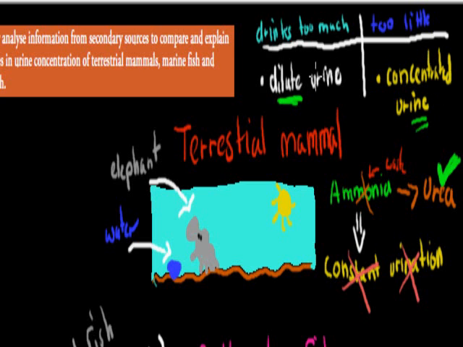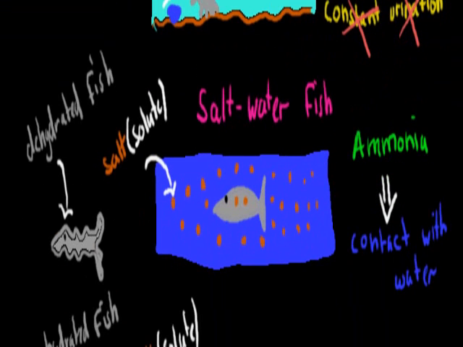So there's two scenarios for terrestrial mammals. Either it's going to be producing dilute urine if it's drunk too much, or it's going to be producing concentrated urine if it's drunk too little. So to conserve water, it's concentrated urine. To get rid of water, it's dilute urine. And in its urine, it's always going to be urea because that's one of the waste products of protein breakdown.